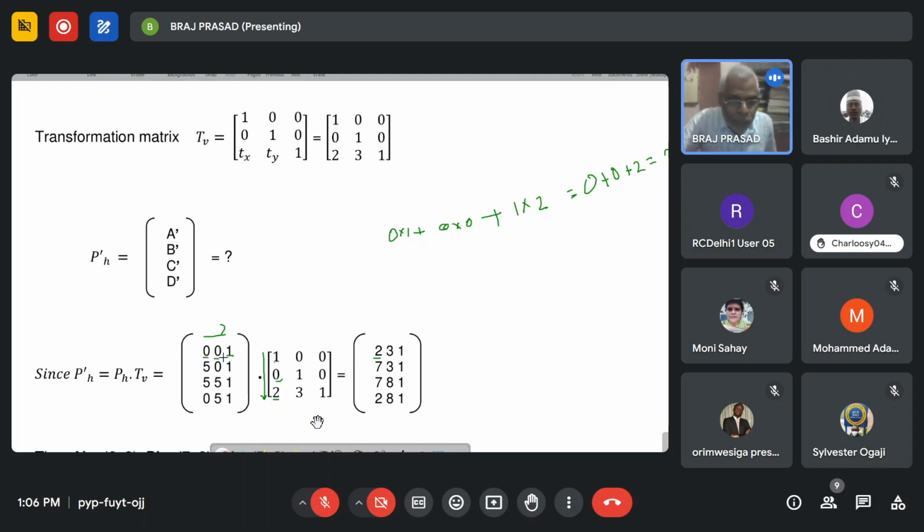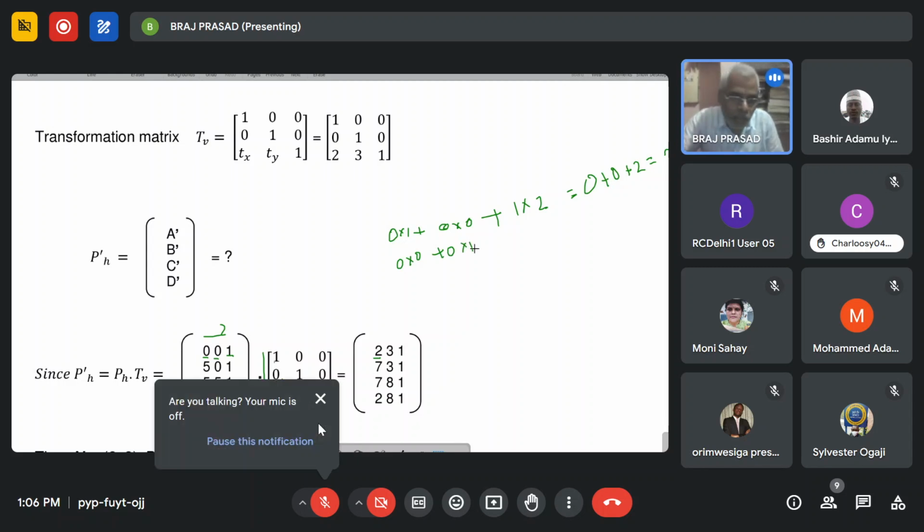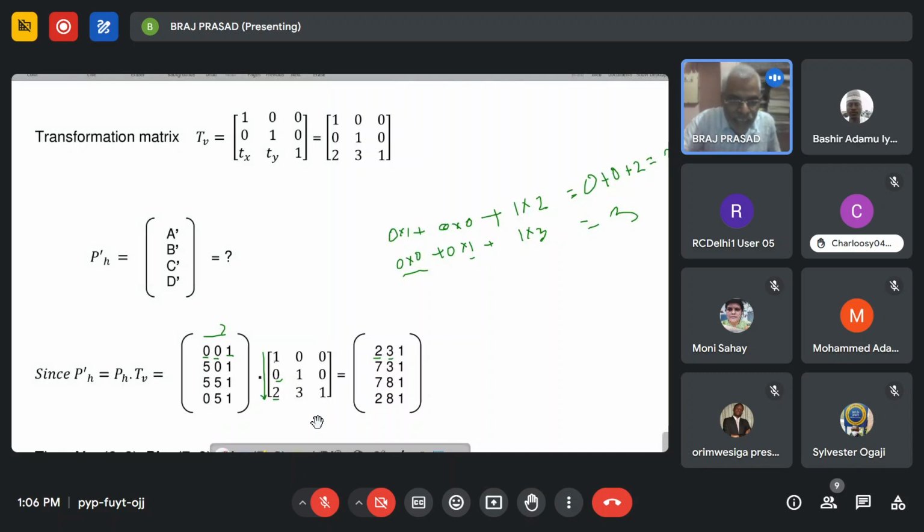Similarly, if we multiply this row with this column, 0 into 0, 0 into 1, 1 into 3, so 0 into 0 plus 0 into 1 plus 1 into 3. After simplification we get 3 only, because the others become 0. So this 3 is written here.